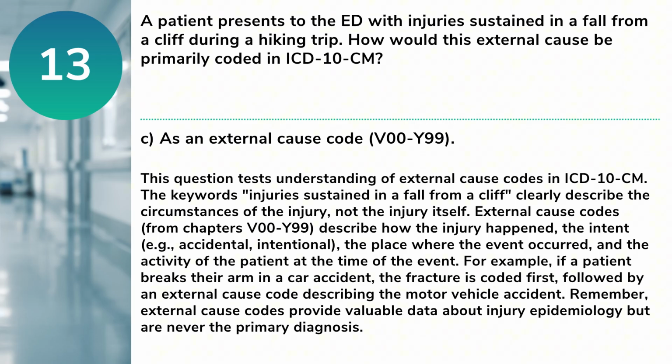External cause codes, from chapters V00-Y99, describe how the injury happened, the intent, e.g., accidental, intentional, the place where the event occurred, and the activity of the patient at the time of the event. For example, if a patient breaks their arm in a car accident, the fracture is coded first, followed by an external cause code describing the motor vehicle accident. Remember, external cause codes provide valuable data about injury epidemiology but are never the primary diagnosis.